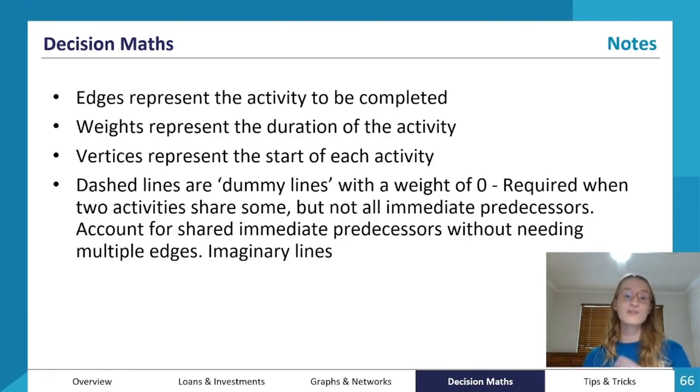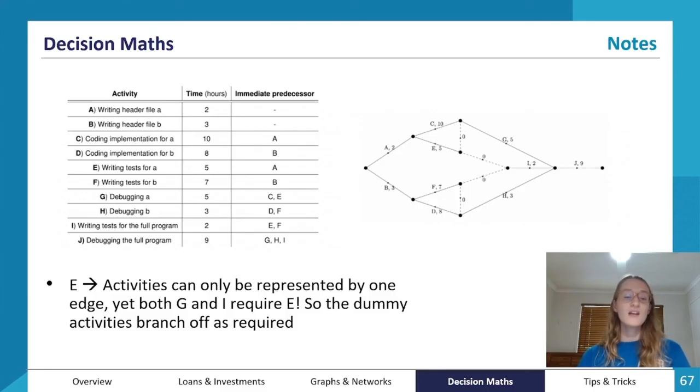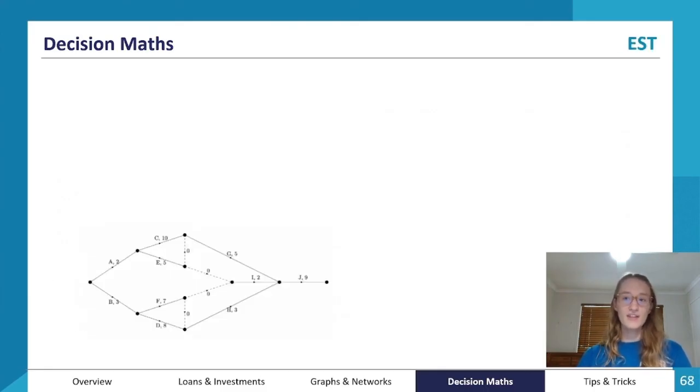And the dashed lines, which are the dummy lines that have a weight of 0, what I introduced earlier, are required when two activities share some but not all immediate predecessors, and that accounts for shared immediate predecessors without needing multiple edges. So they're imaginary lines. They're a notational convenience to communicate that this activity needs both of these as immediate predecessors without needing multiple edges. So we've covered that there.